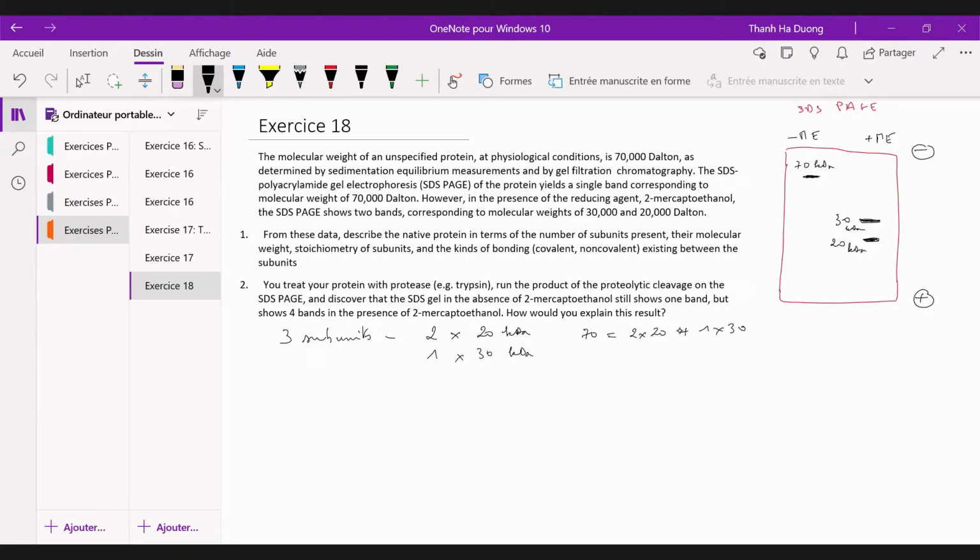Okay. And what kind of interaction do you have between them? Disulfide bond. Yes, disulfide bond, correct. So for example, I draw something like this. And you can also have disulfide bond between them.